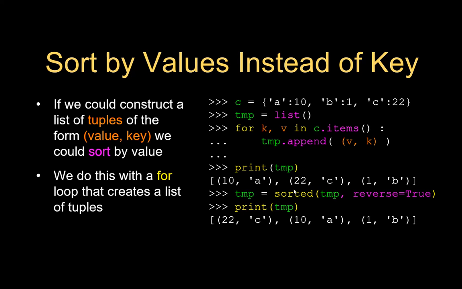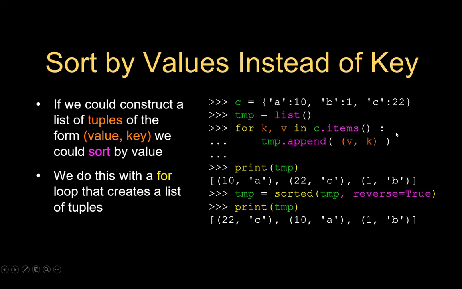We want to see how we can use the sort function and for loops to find the highest value of a dictionary or the lowest value of a dictionary. In this case, we're going to sort them in descending order, starting with the highest value.